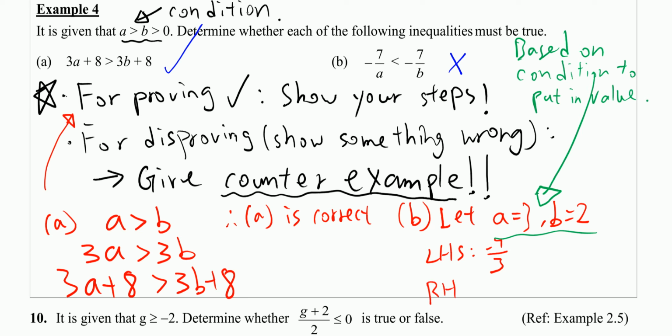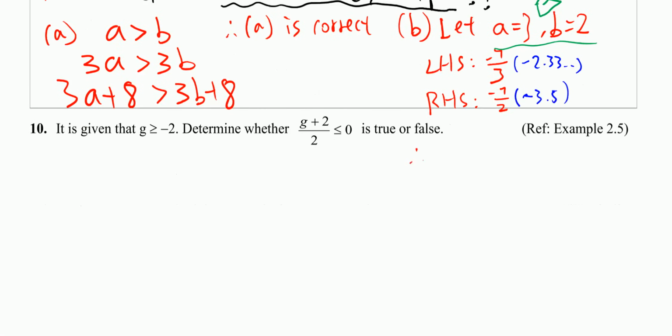And for the right hand side, that is -7 over 2, which is about -3.5, and the left is about -2.33, something like that. You know the left hand side must be greater than the right hand side, and so it is not correct.